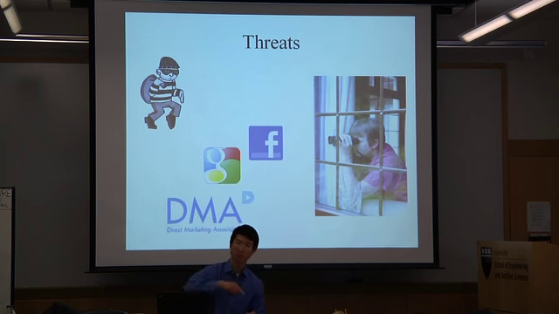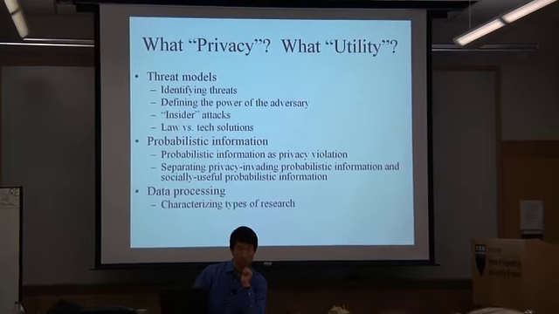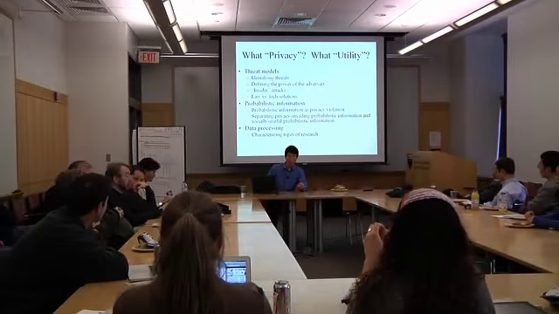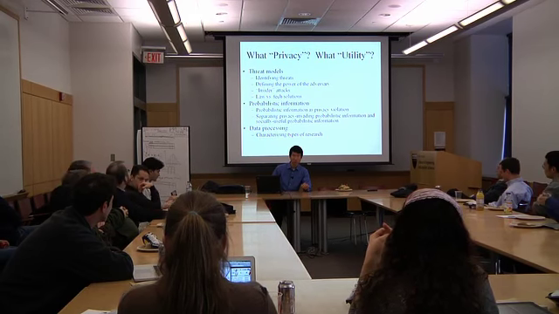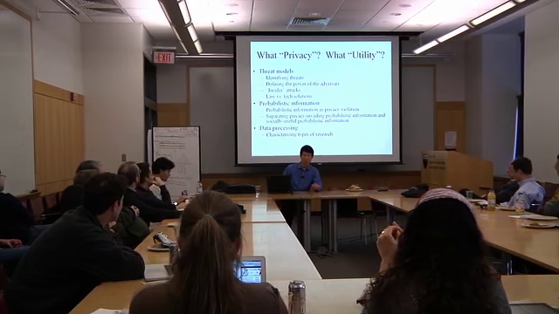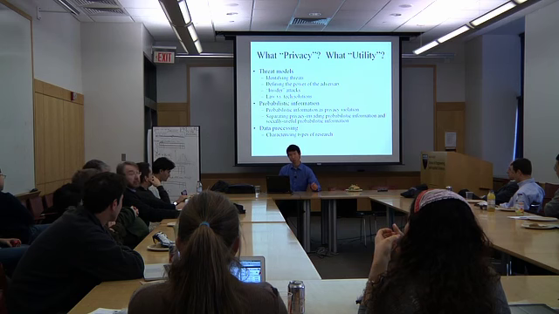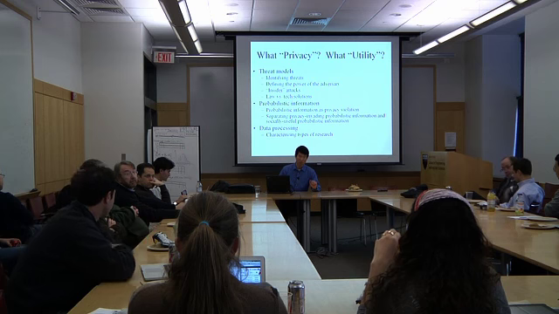Sorry, I just want to go back to the last slide. I thought the point of differential privacy was to deal with, in some sense, exactly these issues that you're bringing up, right? You have to worry about trying to define the power of the adversary to come up with some threat model. The history of security is people defining a threat model that turned out to not be strong enough, and people think outside that threat model and come up with an attack.